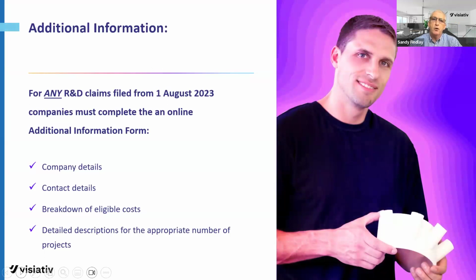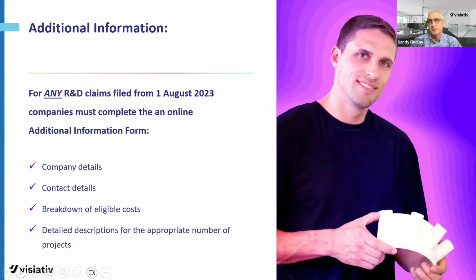Additional information from 1st of August last year. Every R&D claim submitted now requires an online information form to be completed. And it sounds less onerous when you say it. When you see the form and when you work your way through it, there's a lot of information in there. So every R&D claim now that's submitted or is to be assessed by HMRC needs full company details.